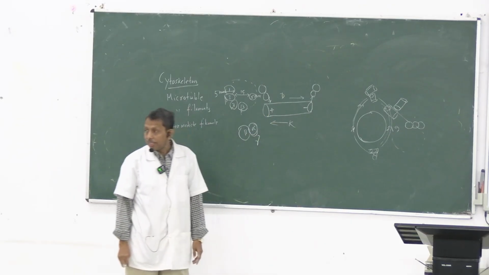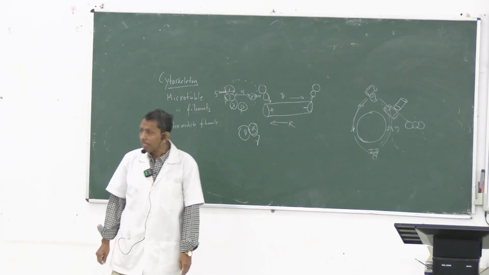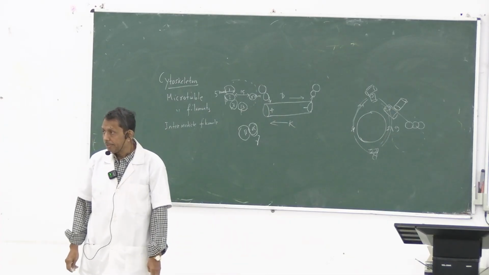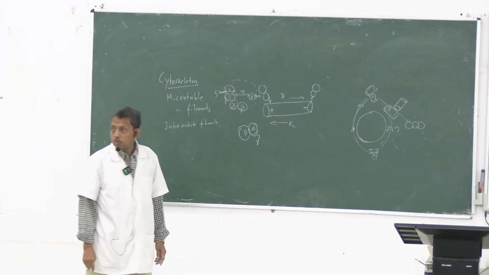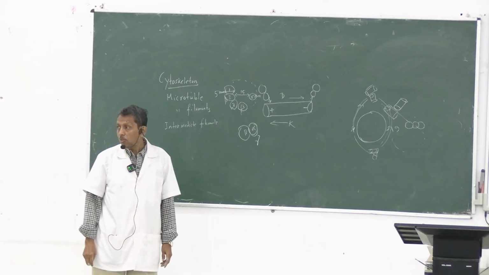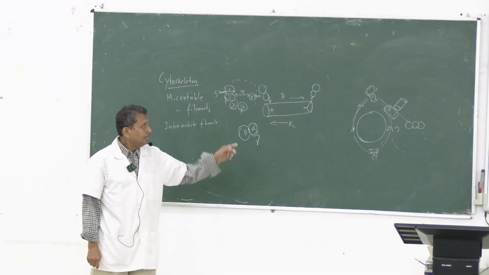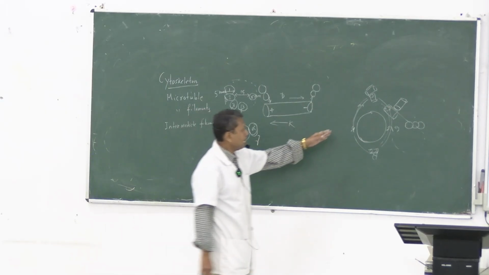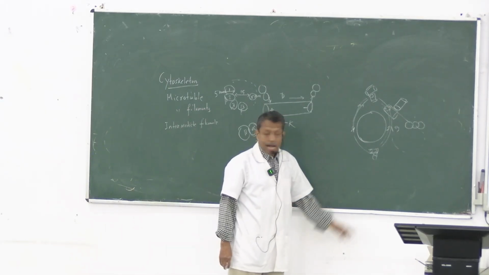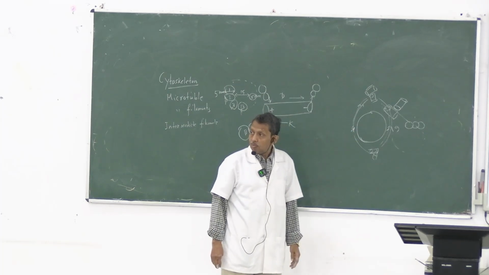By means of different drugs, their movement can be restricted. Colchicine can bind with the microtubules, and then the process cannot take place properly, and the chromosomes can be identified.